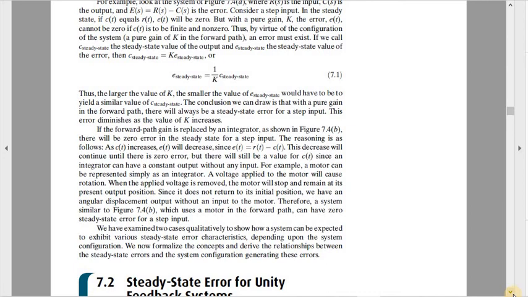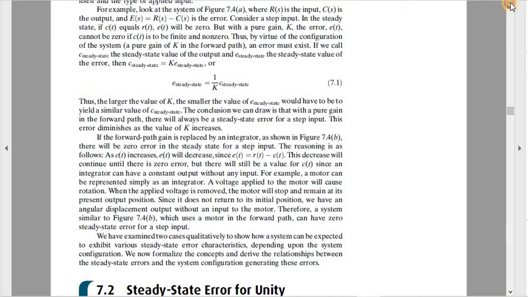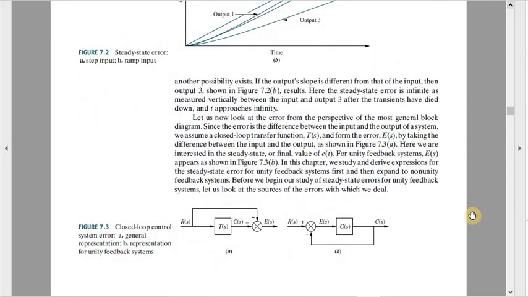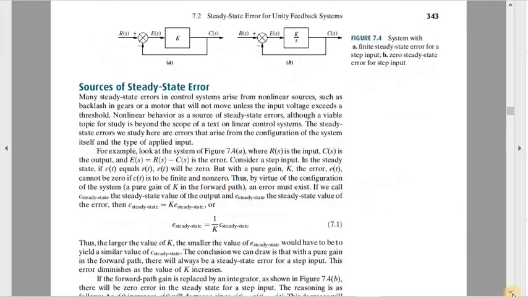Here we eventually have two types of systems: one with a constant steady state error, and one where the error goes to 0, with the same controller K and K by S. So the basic idea we learn is that if we have a constant steady state error, we need to introduce an integral to the system that makes the error 0. From a design point of view, if we introduce an integral to a system with constant steady state error, it will make it 0.